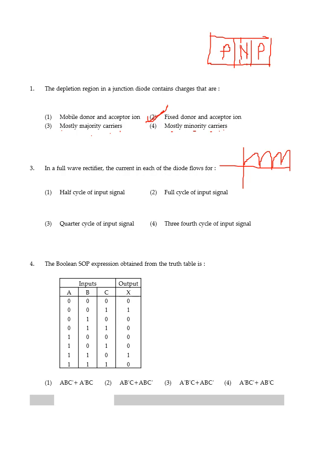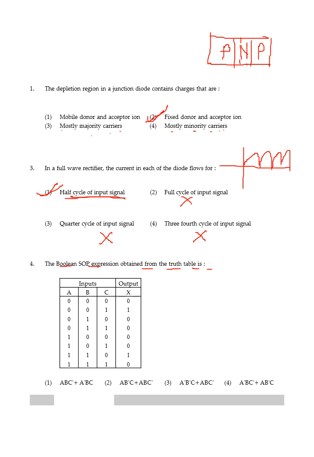We are not getting the quarter cycle or the 3/4 cycle of the input signal, nor the full cycle, no, the half cycle of the input signal we are getting, right?